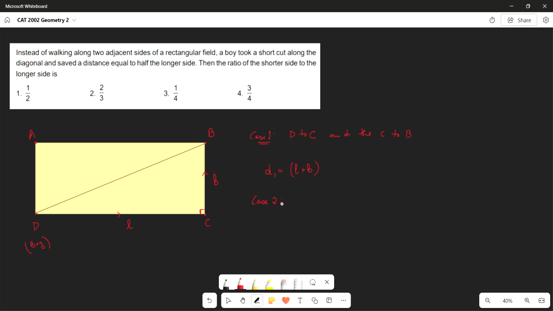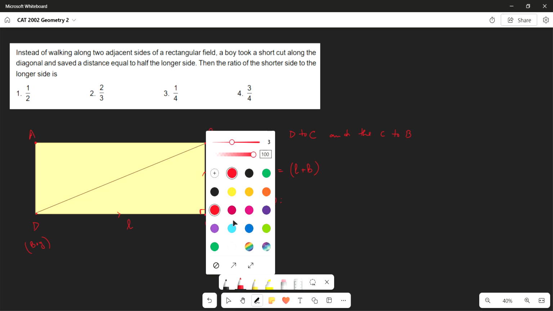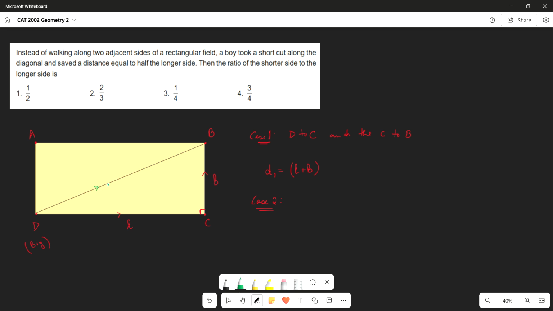In case 2, let us say he goes directly from D to B, via the diagonal DB. Now this is a right angle triangle.